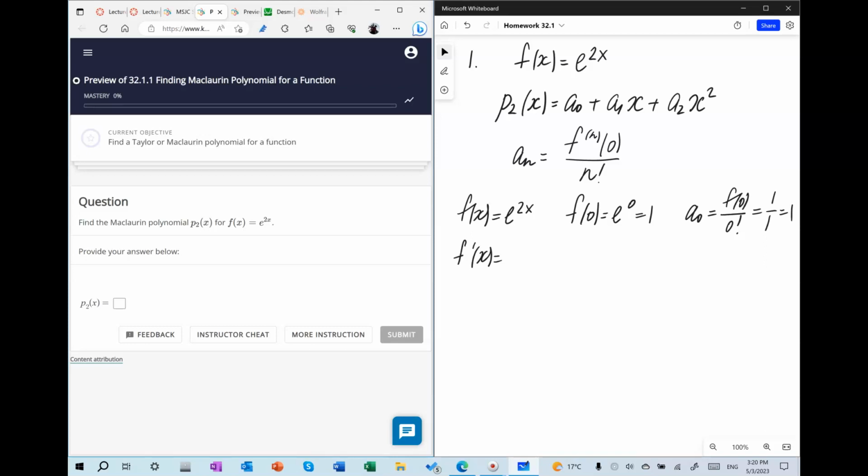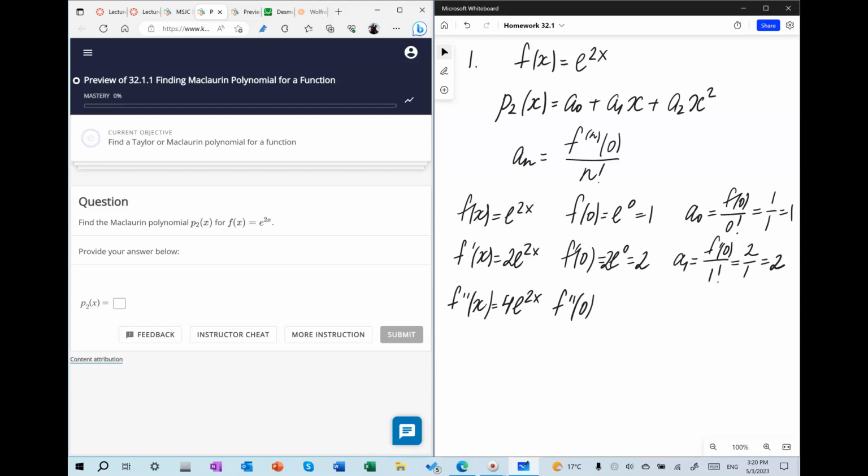f prime of x is 2e to the power 2x. So f prime at 0 will be 2. So a1 is equal to this, so it's 2 over 1, so it's 2, and then the second derivative is 4e to the power 2x.